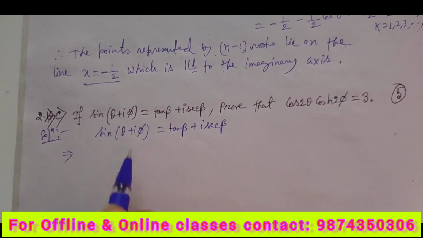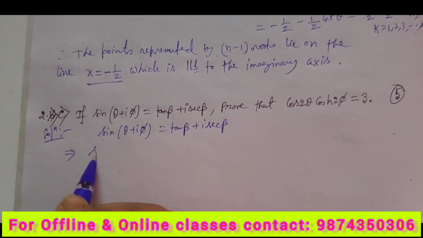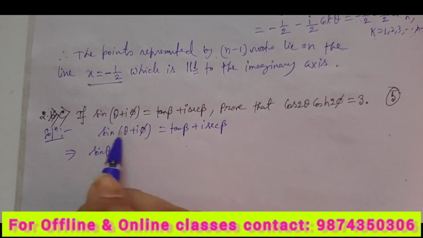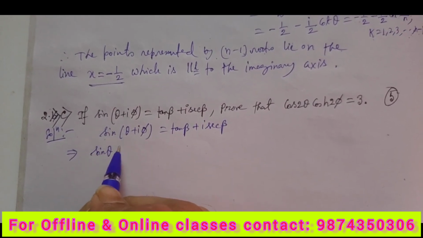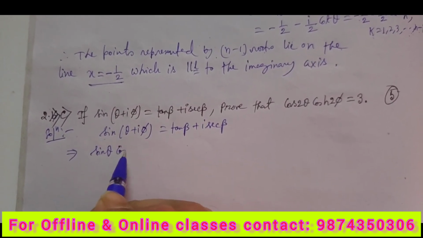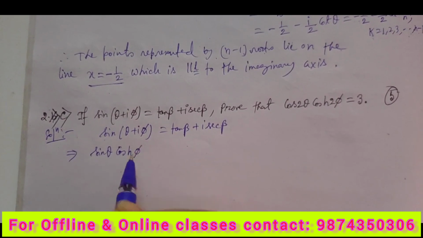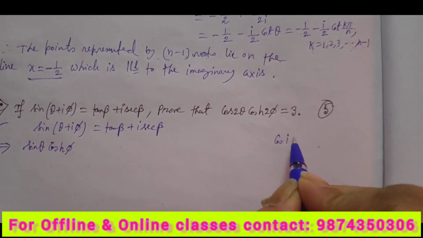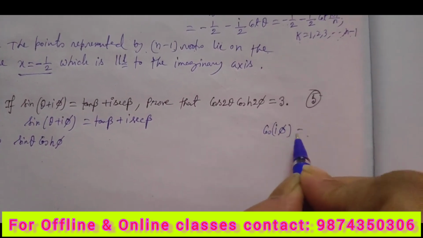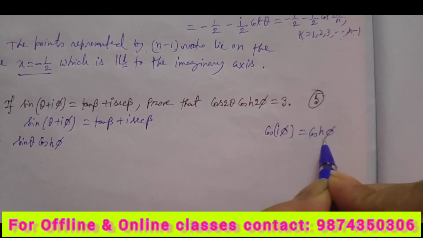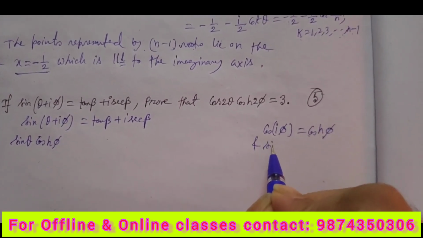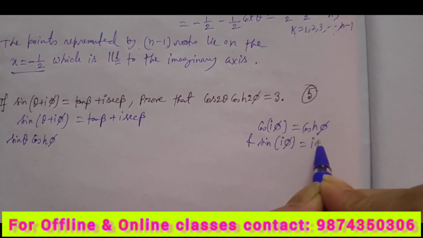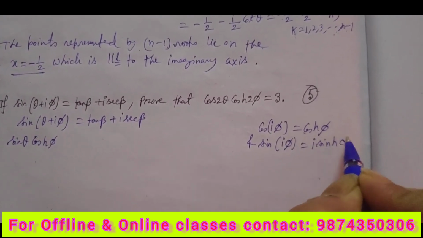So this implies sin(A plus B), that is sin A cos B plus cos A sin B, with A as theta and B as i phi. So cos i phi means cosh phi. Cos i phi is equal to cosh phi, and sin of i phi is equal to i sinh phi.